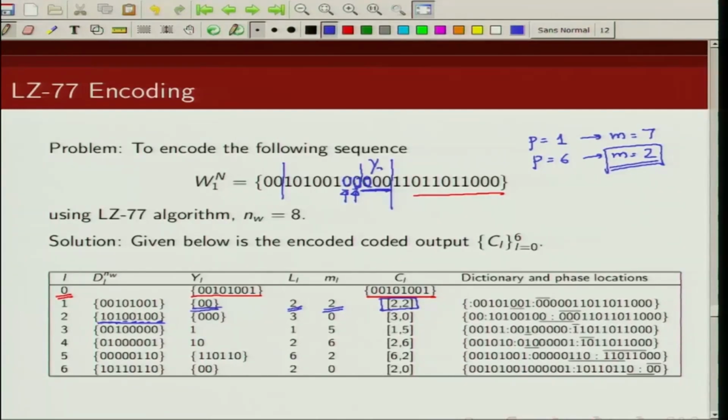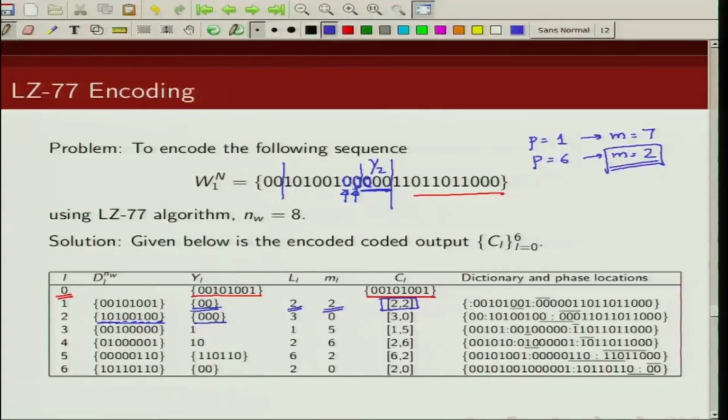So this substring y2 is 0, 0, 0. What is the length of this match? That is 3, because the string of length 3 is getting mapped. And what is the location? This match happens at this location, which corresponds to p equal to 7, or the match happens at this location, which happens to be p equal to 8.